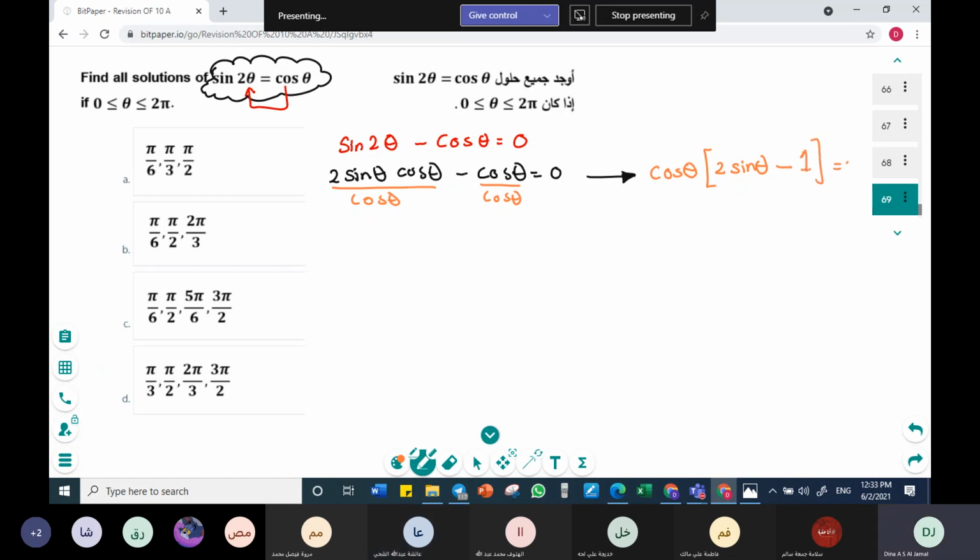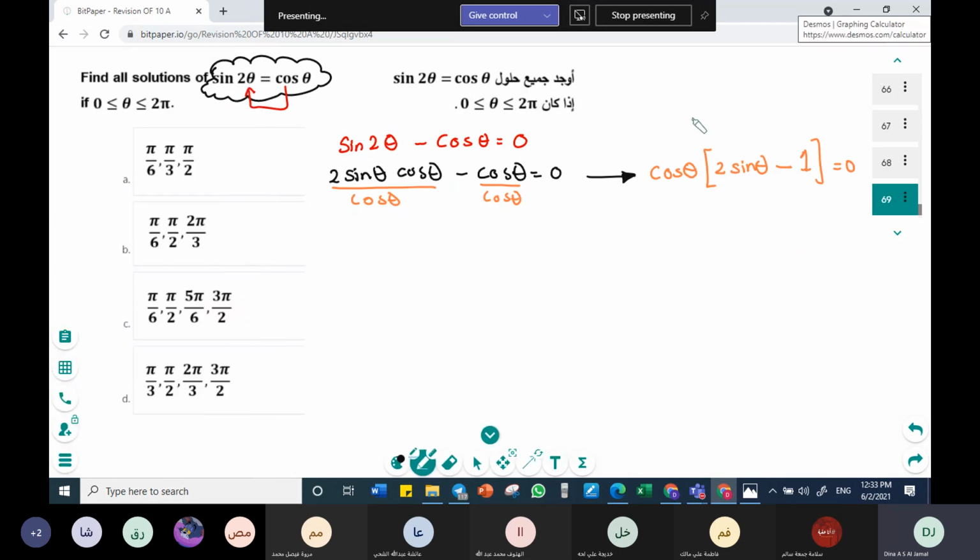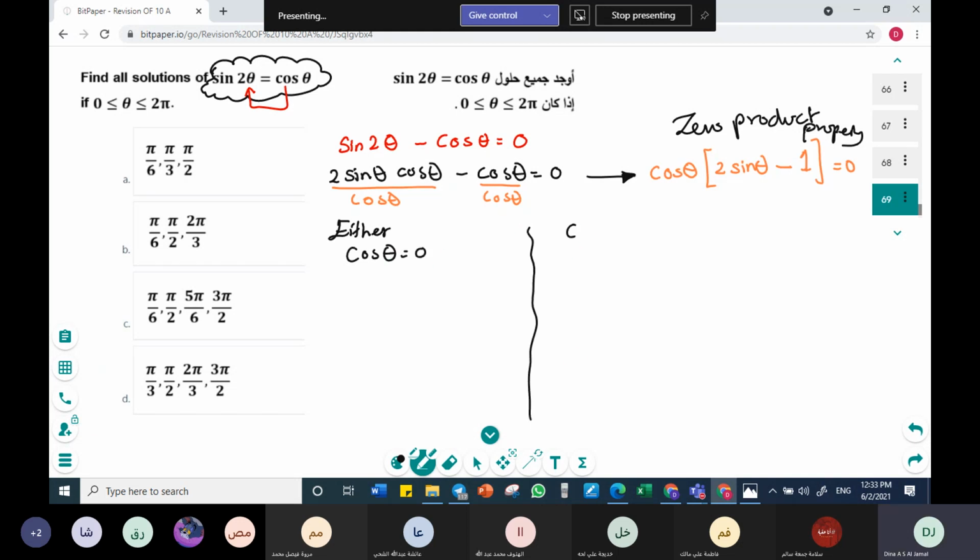Is equal to 0. Now, I'm having a property which is the zero product property. Either cosine theta is equal to 0 or 2 sine theta minus 1 is equal to 0.